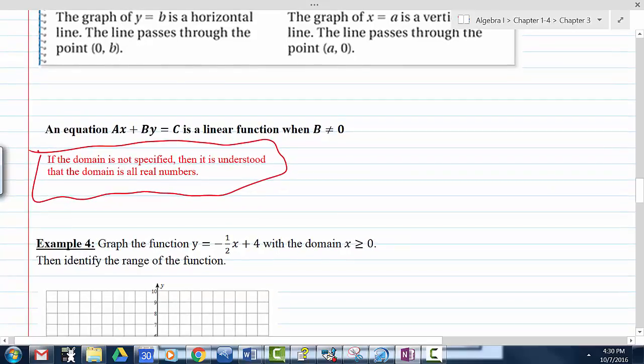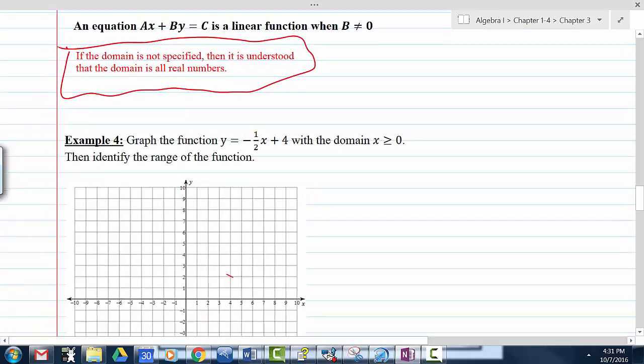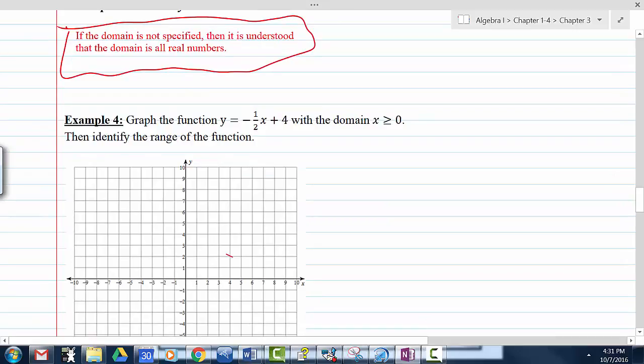What if we say that the function y equals -1/2 x plus 4 has a domain of x is greater than 0? First off, if we're graphing this line, the part that you guys are familiar with a lot is of the form y equals mx plus b, where m is your slope, b is your y-intercept.